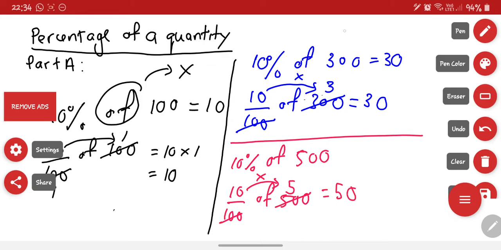Okay, this is just about whole numbers which are multiples of 100, and we are looking only at 10%. Now we're going to move on and do another kind of percentage.